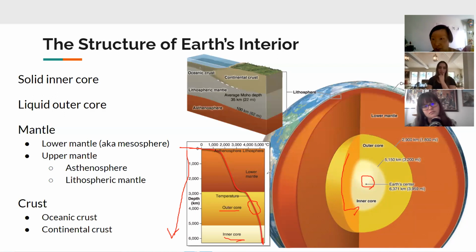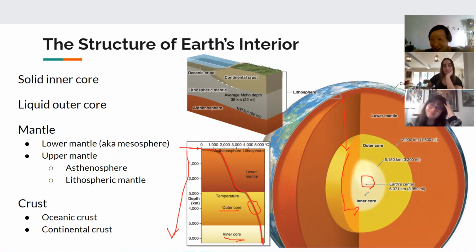Along with temperature, when you go inside our Mother Earth, your pressure also increases. The tremendous amount of pressure in the inner core compresses those materials together, so they don't melt. Melting is just like changing an ice cube into liquid water.